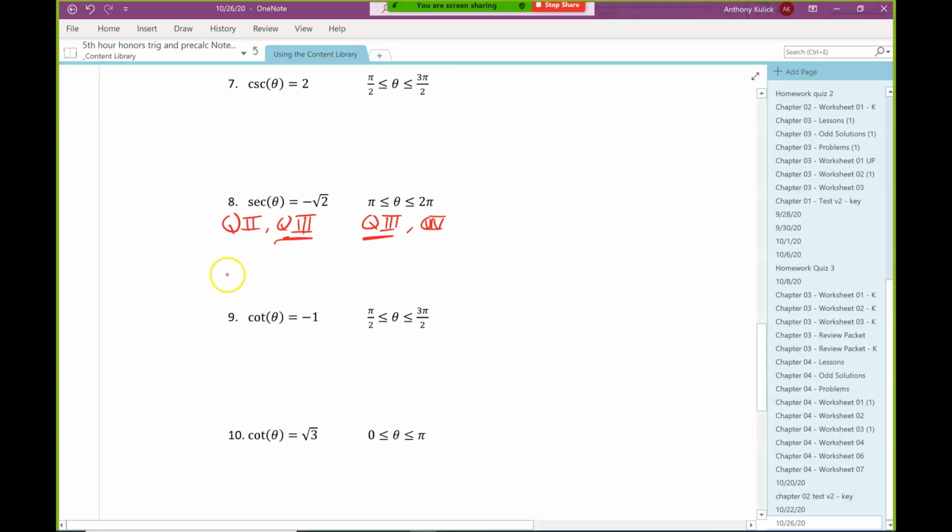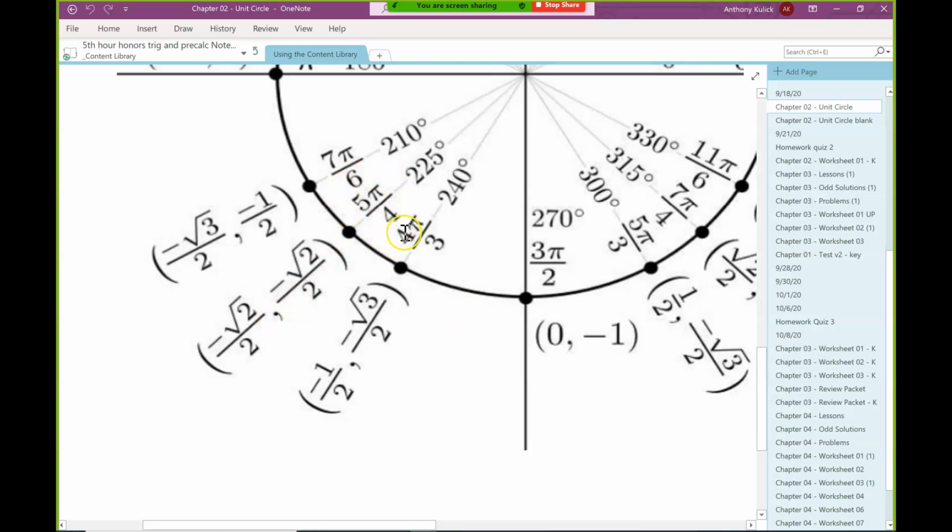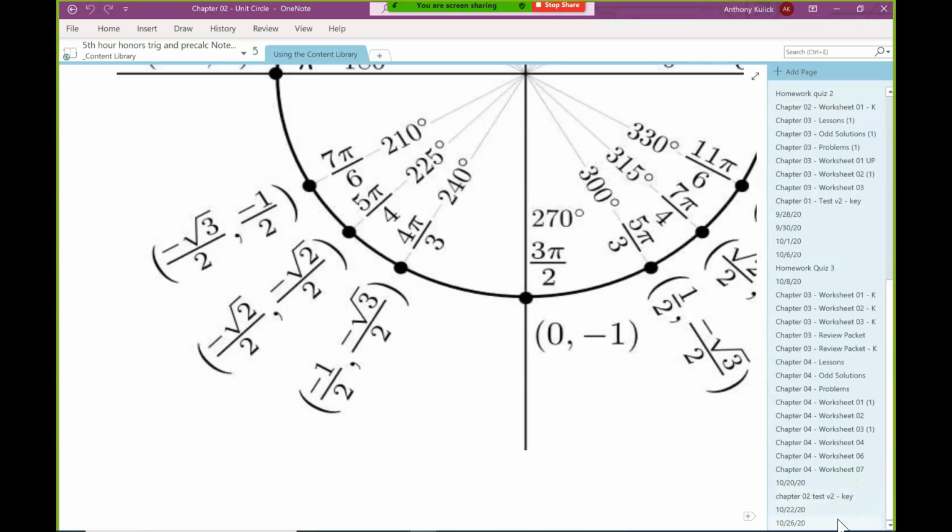And I know that cosine is going to be the reciprocal of secant, but that's not going to be what's on my unit circle, that'll be rationalized or whatever. So I'm just going to go to my unit circle and look for the place in the third quadrant where cosine is negative root 2 over 2, which is 5 pi over 4. And that's it.